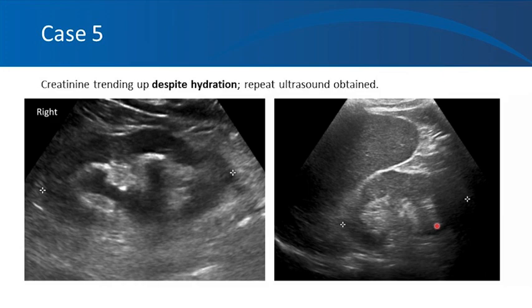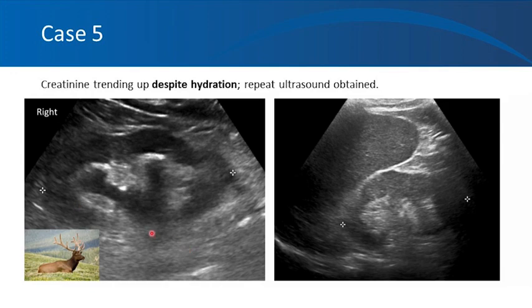So a repeat renal sonogram was obtained, which showed mild hydronephrosis in the right kidney and a calculus. You see all this echogenic foci here with some shadowing, and when you see this discontinuous echogenic foci with shadowing, this probably represents a staghorn calculus.